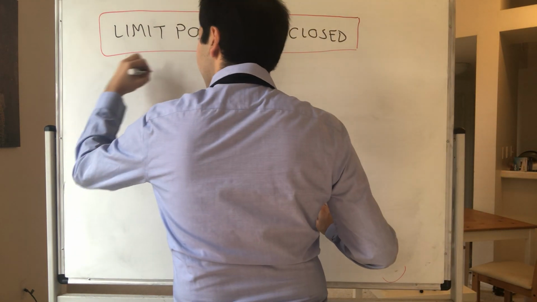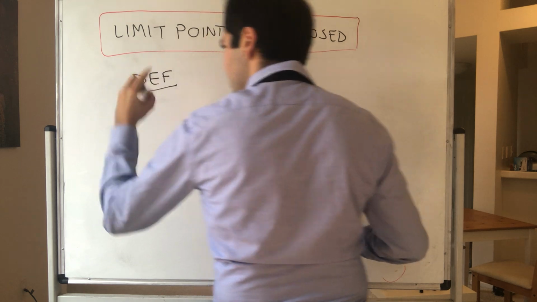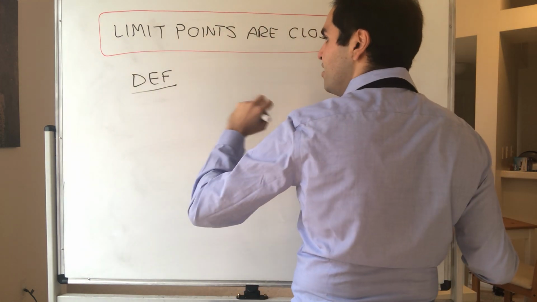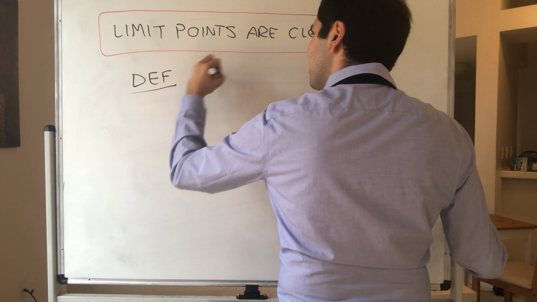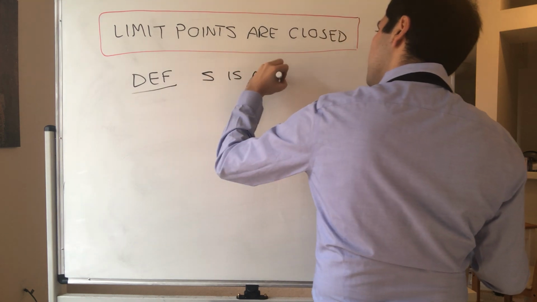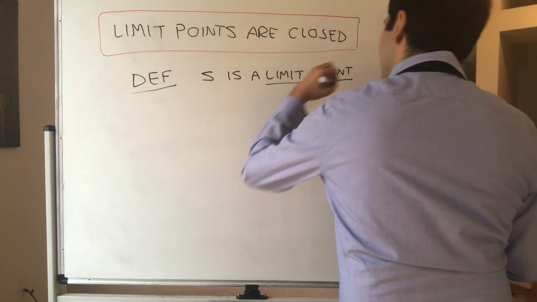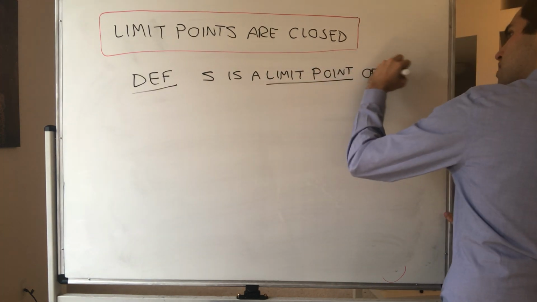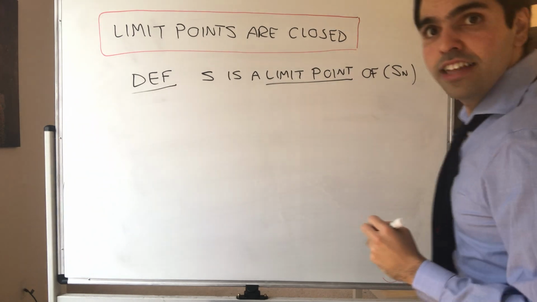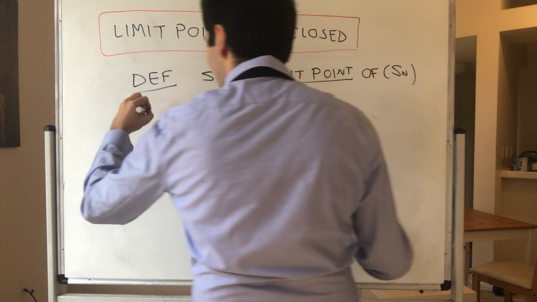So let Sn be a given sequence, so we fix Sn today. Then S is a limit point, or a subsequential limit, of Sn if you can find some subsequence of Sn.